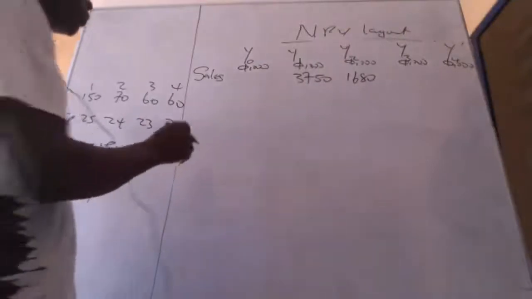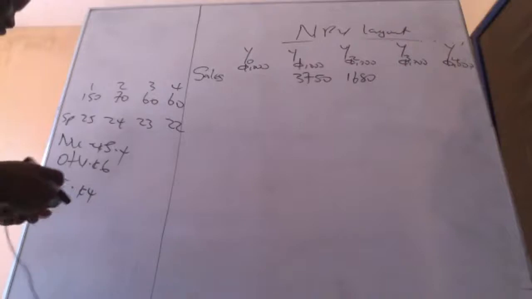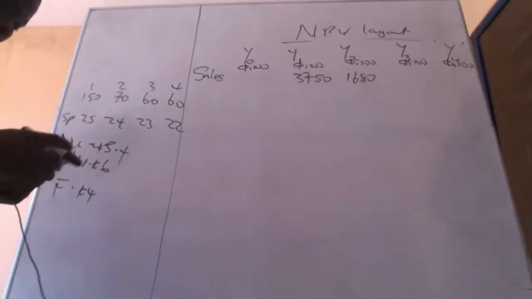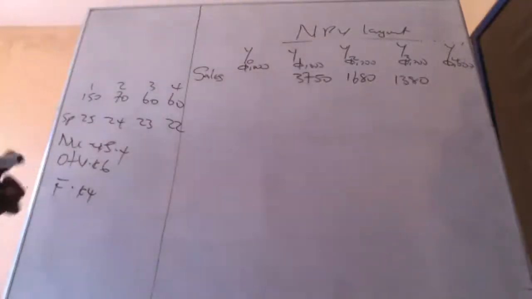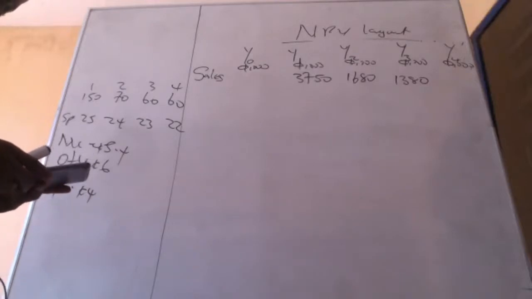Year 3. Year 3 will be 60 by 23. That's 1380. 1380. What about year 4? Year 4 will be 60 by 22.